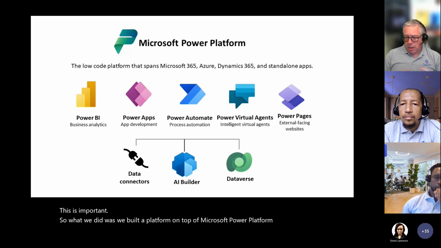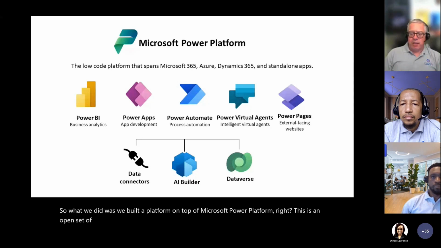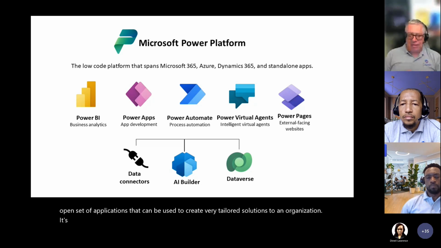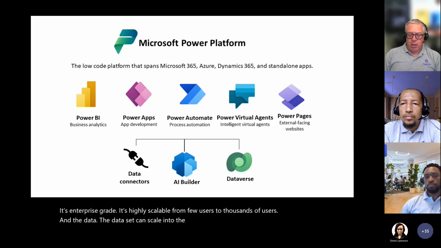This is an open set of applications that can be used to create very tailored solutions to an organization. It's enterprise grade. It's highly scalable from few users to thousands of users. And the data set can scale into the terabytes of data.